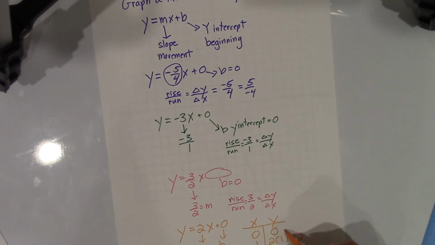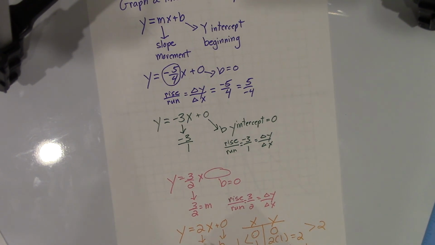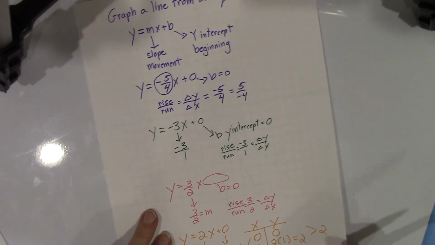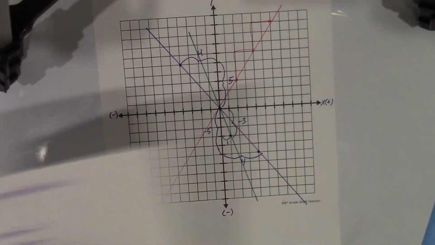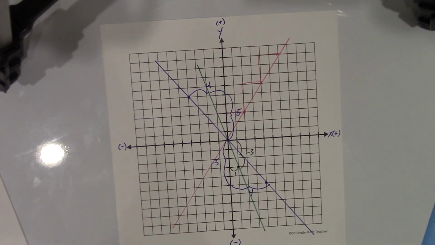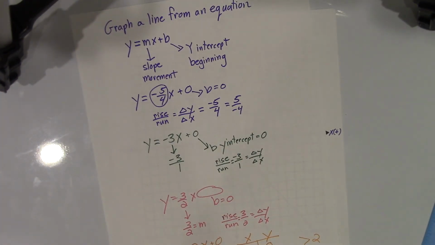Well, change in y from 0 to 2 is 2. Change in x is 1. So I have a slope of 2 over 1. So these are just the x and y coordinates of every point on this line.